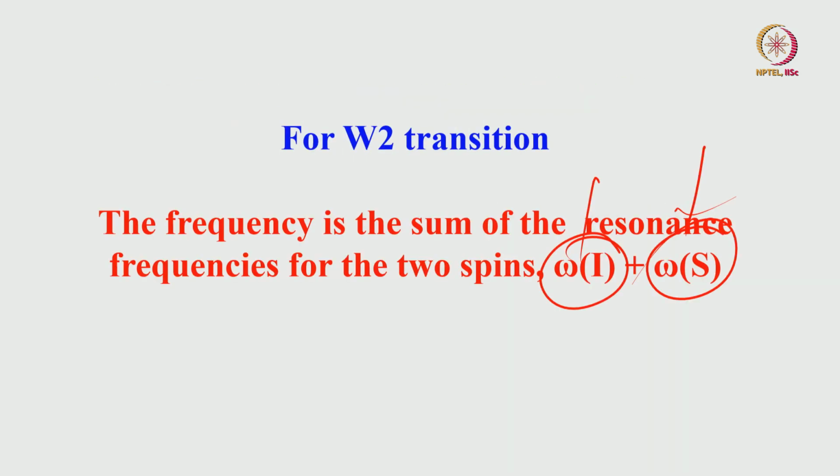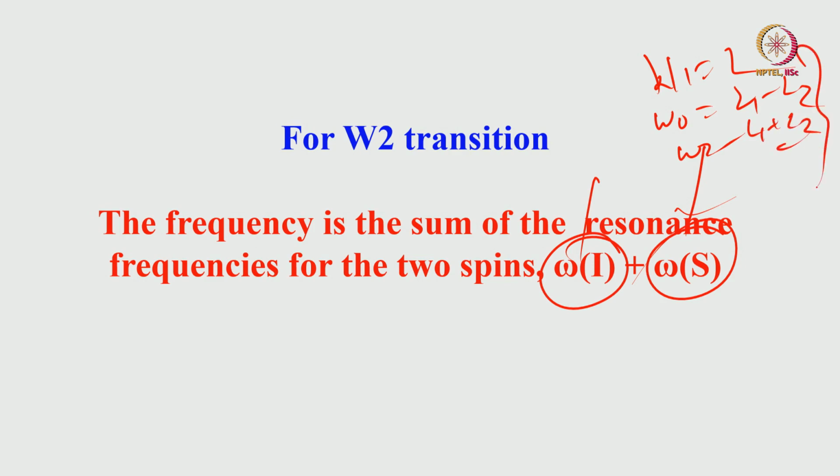W1 is the Larmor frequency, W0 is the difference between the Larmor frequencies, and W2 is the sum of the Larmor frequencies. These are the three factors which you have to consider.